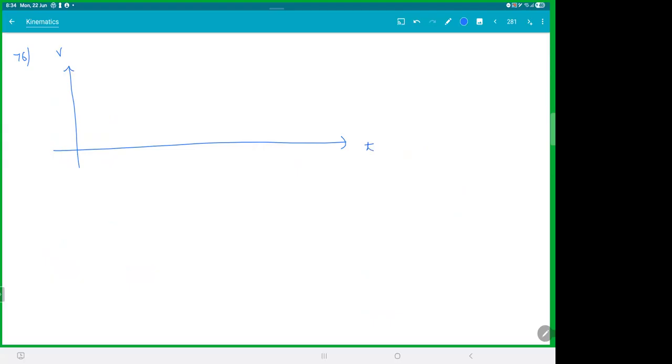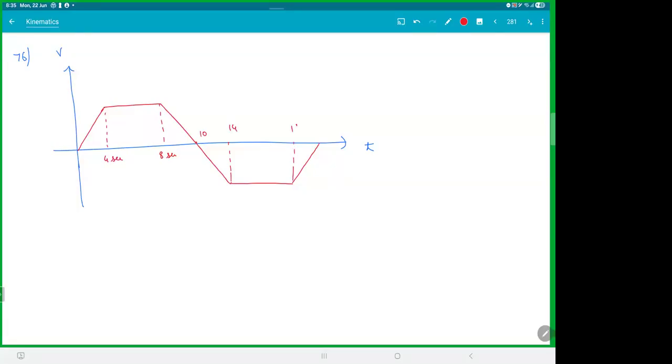This is a VT graph. This is 4 seconds. This is 8 seconds. This is 10. This is 14.